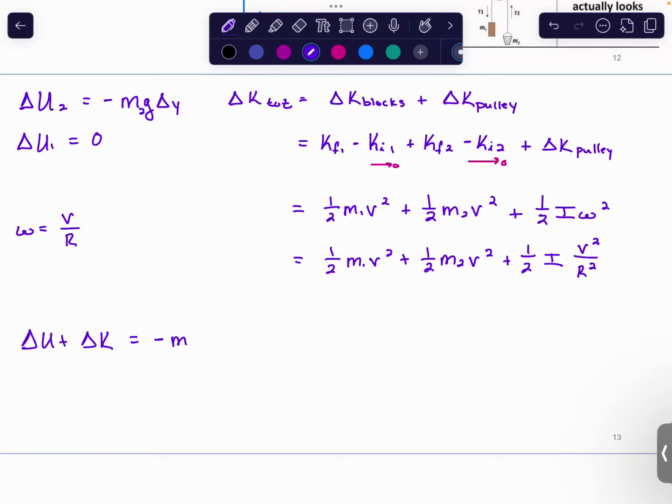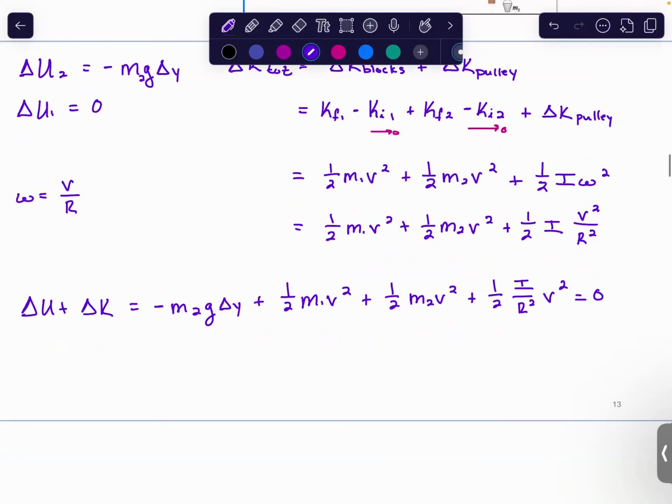So negative m2 g delta y plus 1/2 m1 V squared, 1/2 m2 V squared. And then I'm going to make this one look a little different. I'm going to do I over R squared V squared. And this is a system in equilibrium, so there's no acceleration, constant velocity.